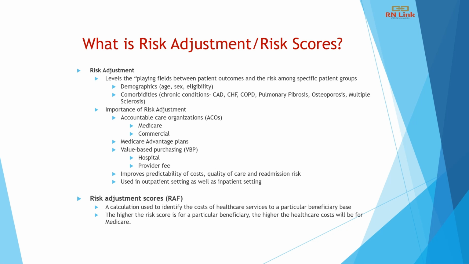Risk Adjustment Scores, RAF. A calculation used to identify the costs of healthcare services to a particular beneficiary base. The higher the risk score is for a particular beneficiary, the higher the healthcare costs will be for Medicare.